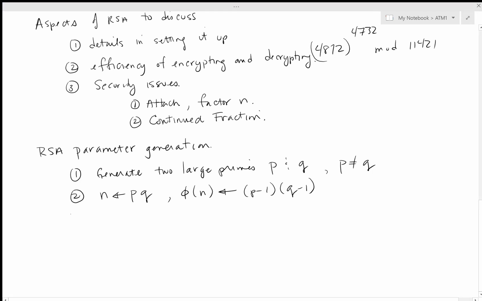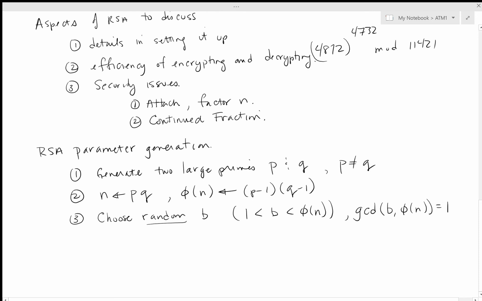Then you need to choose a random b, where 1 is less than b, which is less than phi of n, and you want it such that the GCD of b and phi of n is equal to 1.